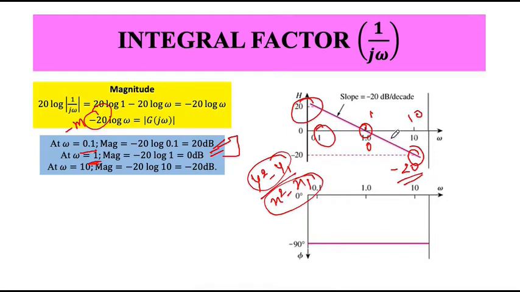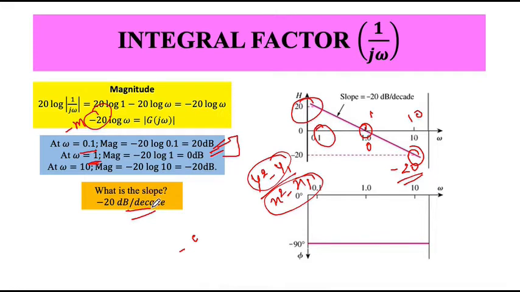So the slope is minus 20. On the horizontal axis I have 0.1 to 1, then 1 to 10, then 10 to 100, then 10 to the power 2, 10 to the power 3. So this falls at the rate of minus 20 decibel per decade. This is how we measure the slope here.